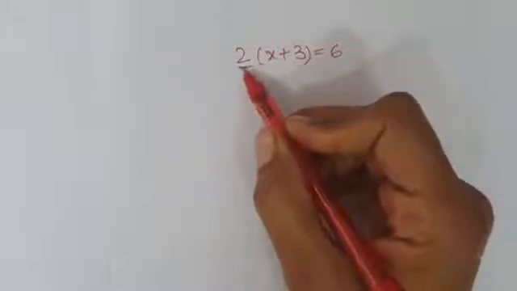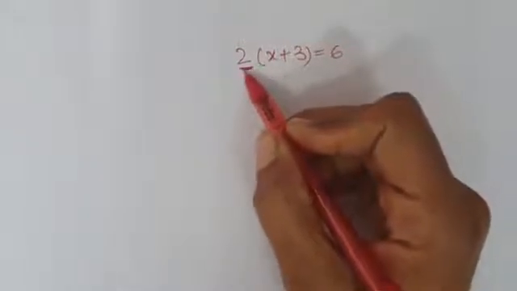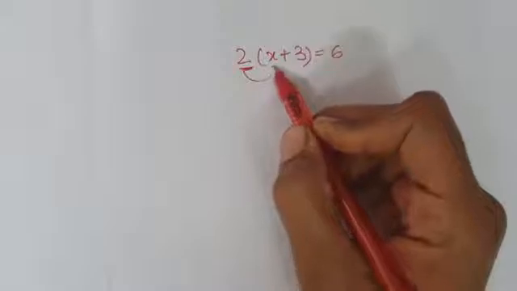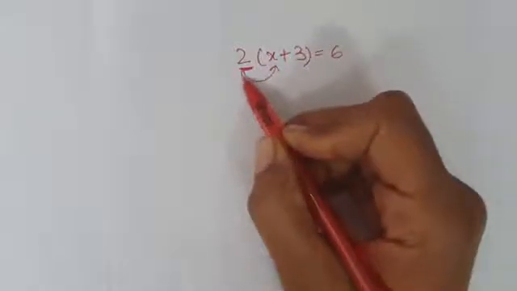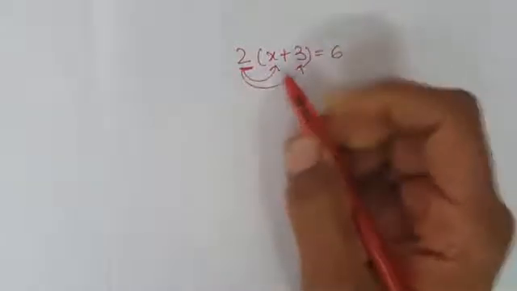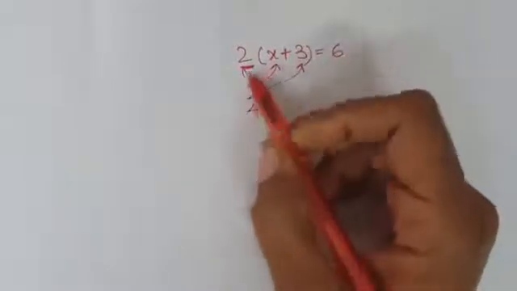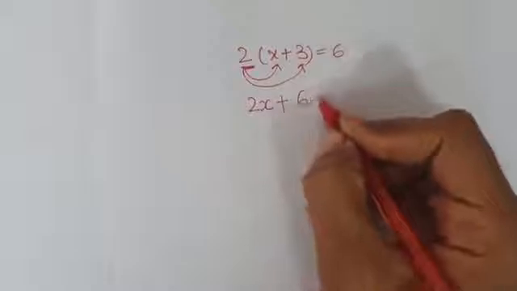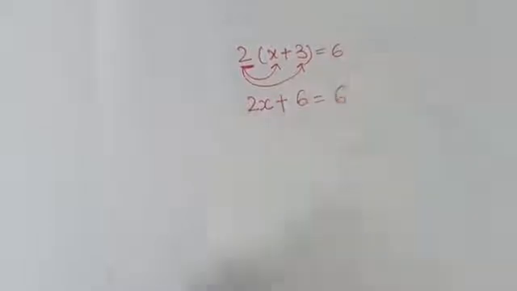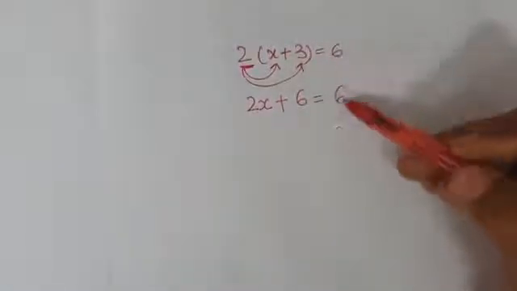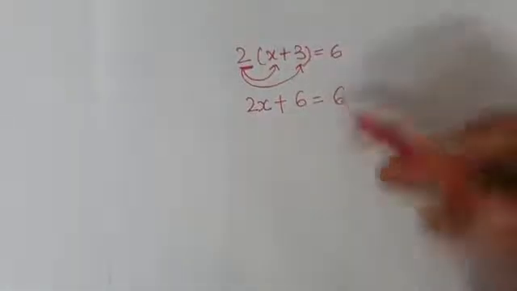Now 2 is outside the bracket. It means 2 will multiply with first x, then with 3. 2 into x, 2x. 2 into 3, 6 is equals to 6. This will remain same because this is on the other side.